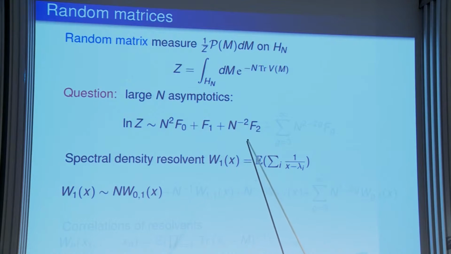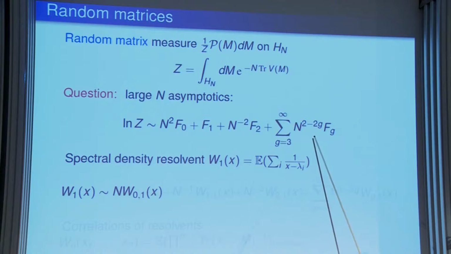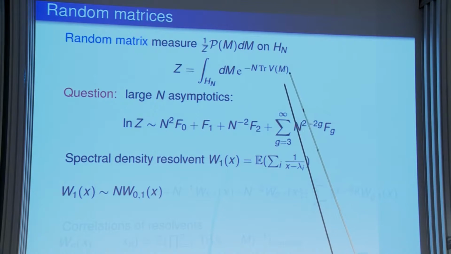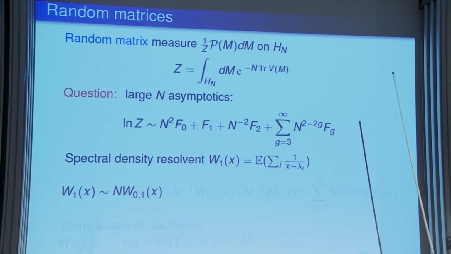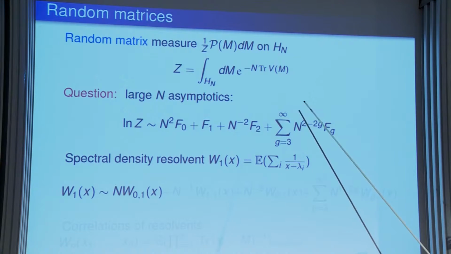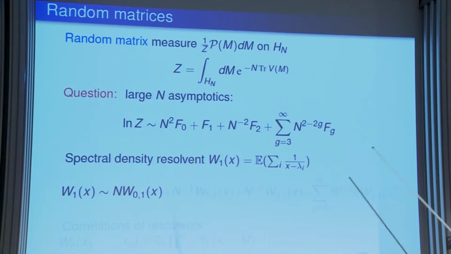Then the next order is in N to the minus 2. And in fact, it goes by even powers of N. It's because of the Hermitian symmetry. If you started with an ensemble of non-Hermitian matrices like, I don't know, real symmetric, you would also find odd powers of N. But for the Hermitian case, you only have even powers of N.